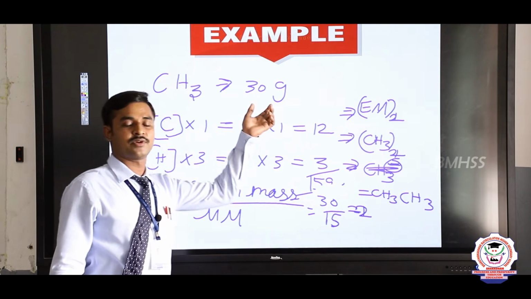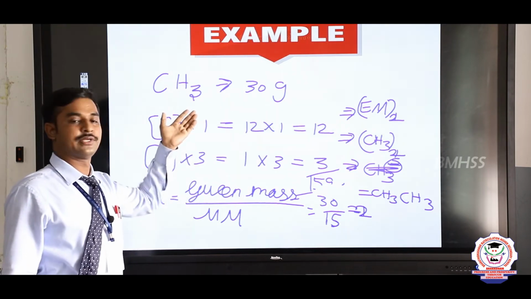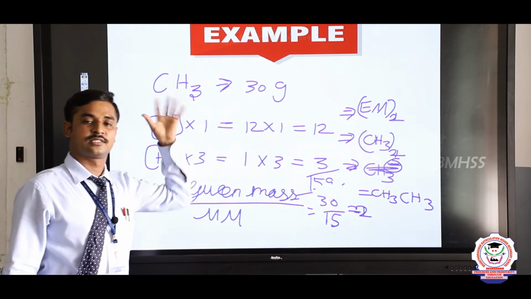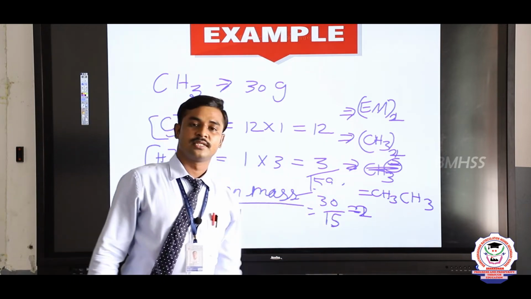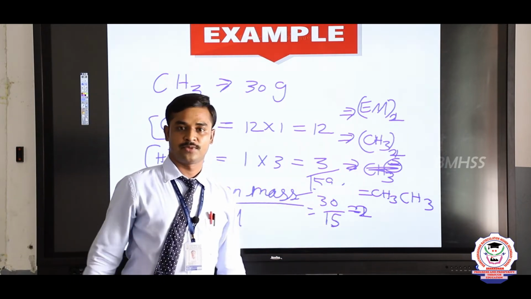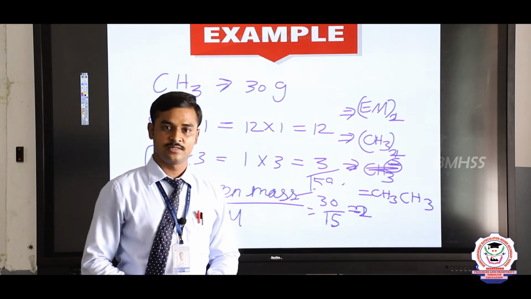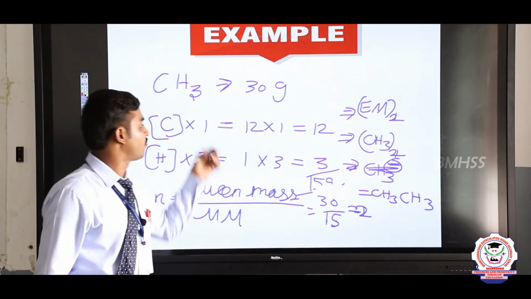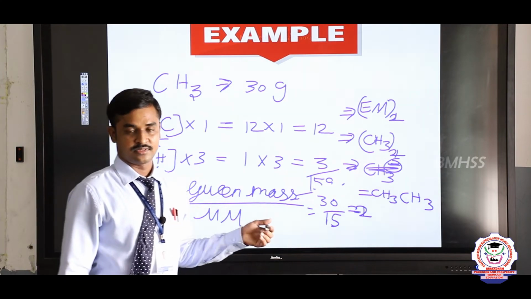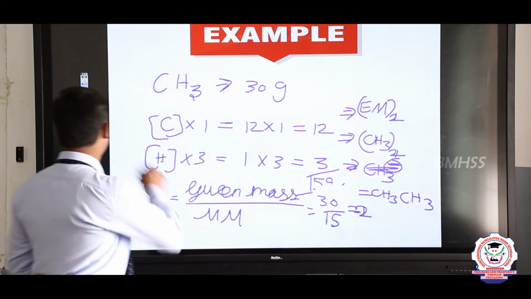So, with 30 gram as the given mass and CH3 as the empirical formula, this sum gives ethane as the final molecular formula. So from the empirical formula we can find the molecular formula. Before that we need to find the molar mass of the compound. So this is one example for this sum, and see the next.